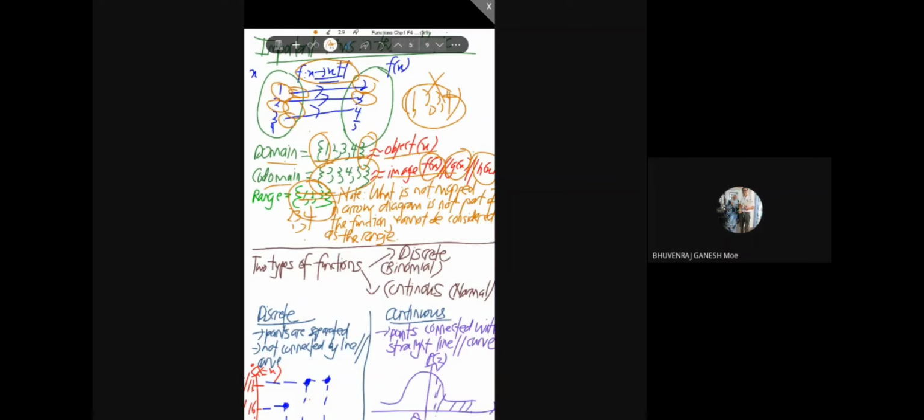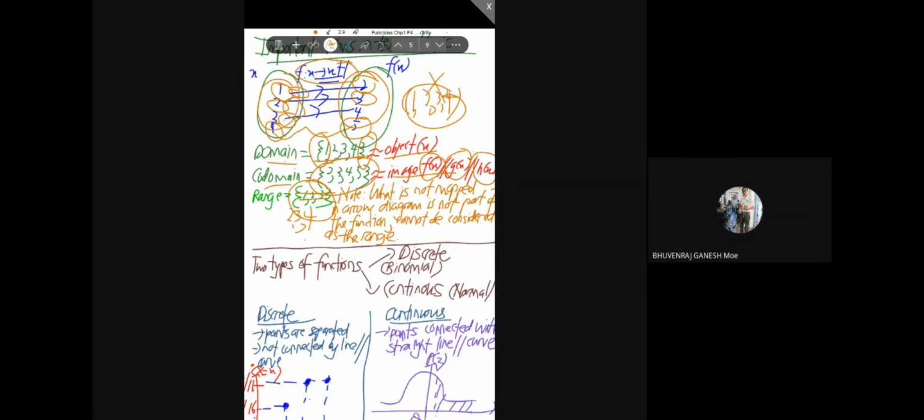Why don't I put 2, 3, 4, 5? Because can you see any arrow mapping to 5 or not? This is the key part. There is no relation happening to 5. So that's why I just write 2, 3, 4, because these 3 numbers are being mapped by 3 arrows from the object. But 4 and 5 are like separate cases.